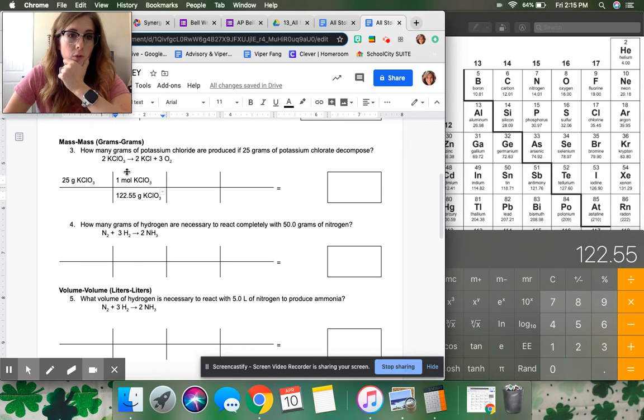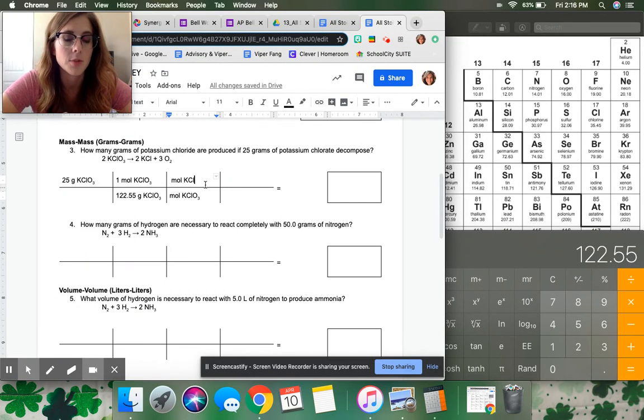We're going to convert now from moles of potassium chlorate to moles of potassium chloride. So we're going to take just the unit and we're going to say what goes up must come down. Then we're going to switch to the desired unit, which in this case is going to be moles KCl.